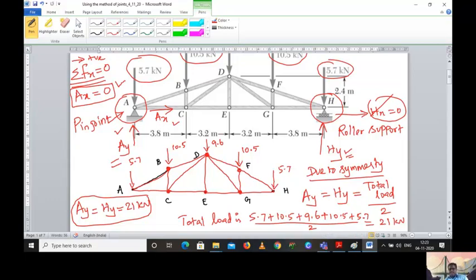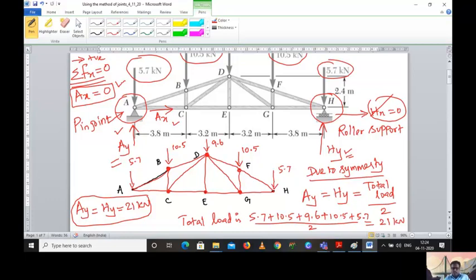So we have considered the entire system and calculated the vertical reaction at A, that is AY, the vertical reaction at H, that is HY, and the horizontal reaction at A, AX. In H there won't be any horizontal reaction, so it is 0. For this kind of symmetric system, we need not calculate the moment about the entire system, because we have easily calculated the reactions.